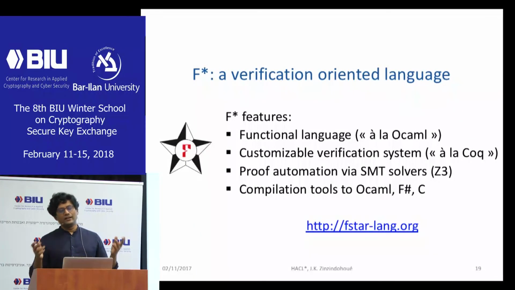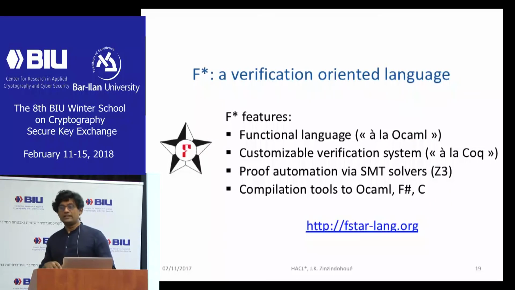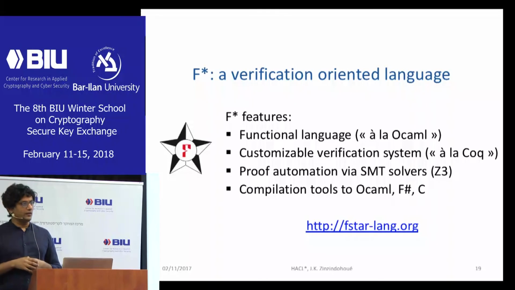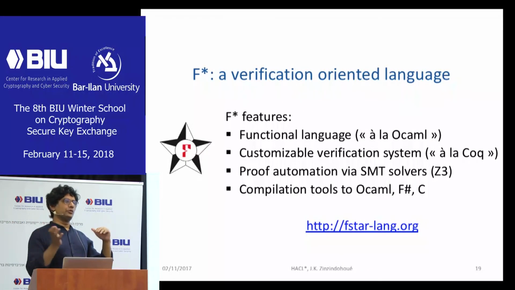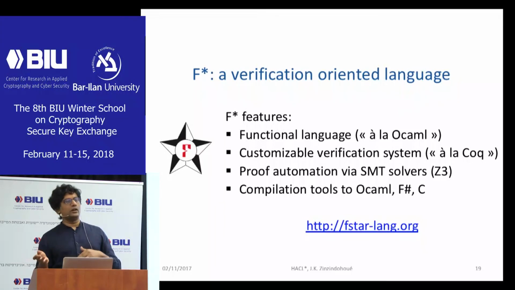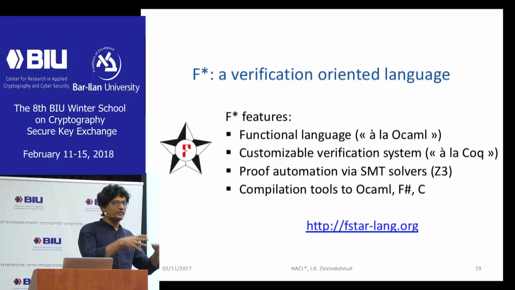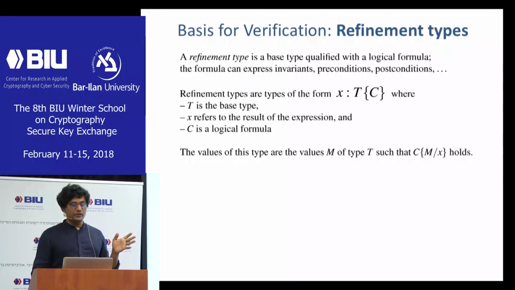Which means that a lot of the stupid things like showing that the loop stays within the bounds, or that you're not writing outside the bounds of the buffer, or that the program terminates even, can be automatically proved just by calling Z3. And finally, once you've proved your code, it has compilers which go to OCaml, to F sharp, to C, and now there's one that goes to JavaScript and WebAssembly as well. So you can actually prove your code in this nice language, and then you can spit out whatever target language that you want. So that's the language you're going to look at next.